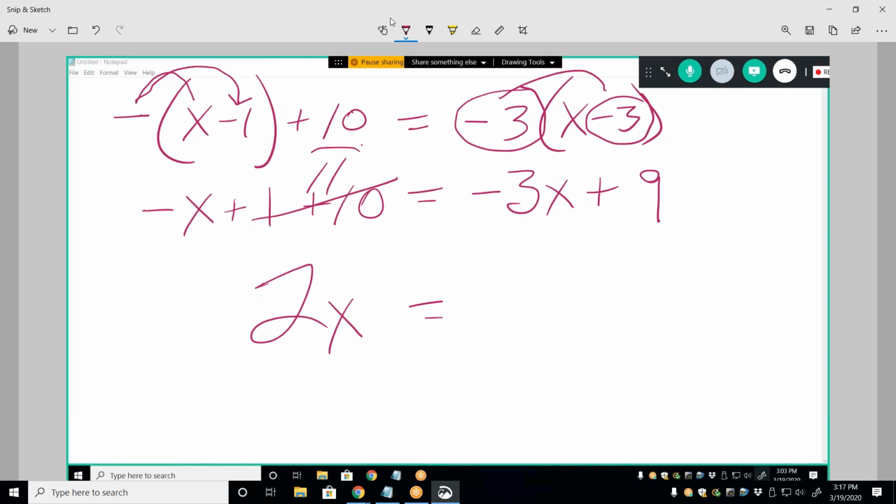So we're getting rid of the 11. So I've got to subtract 11 from 9. Oh, okay. What's 9 minus 11? A bigger number from a smaller number. Just subtract the two numbers.